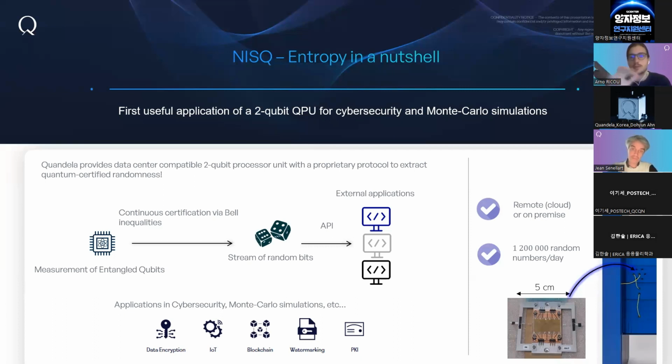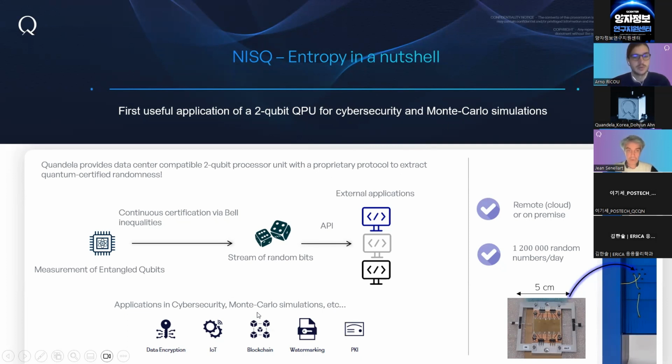So that's a threshold that is quantum cryptographic secure. We know that if we go beyond this threshold, the random numbers have been securely generated. And it can be used for a lot of external applications. I mentioned cybersecurity, Monte Carlo simulation.